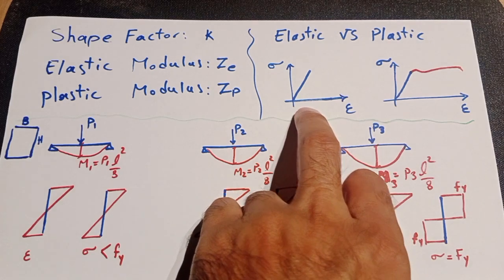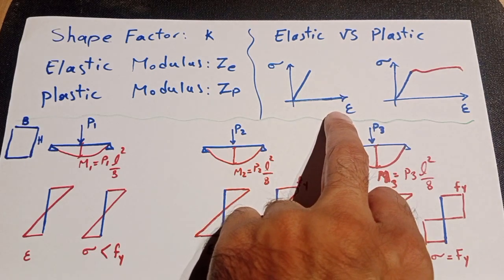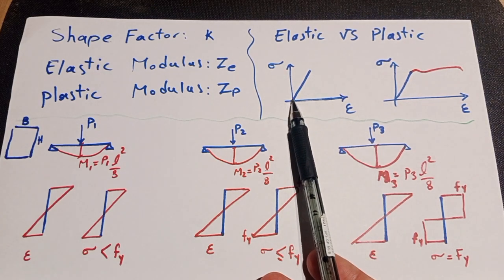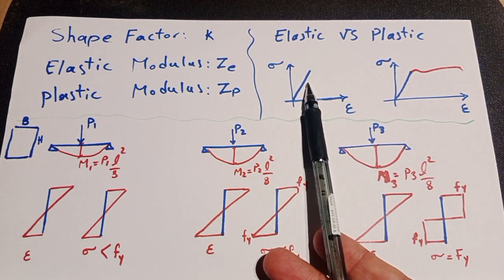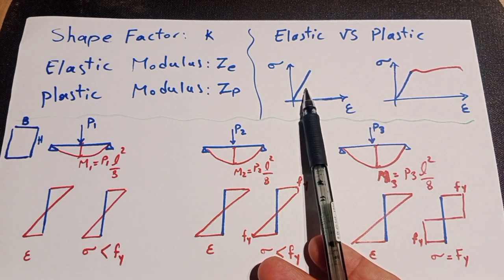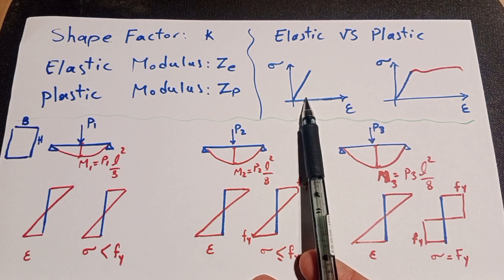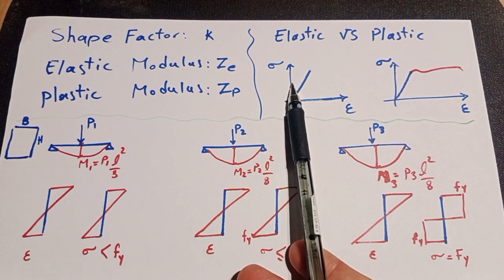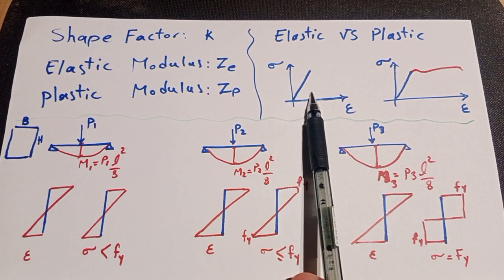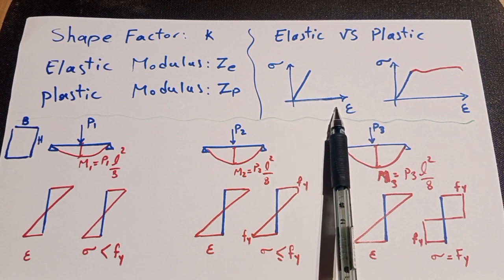When we say elastic, it means that the relation between stress and strain is linear. It means that when the load is removed from the section, the strain comes back to the original point. By reducing or increasing the stress, we have the same behavior for strain.